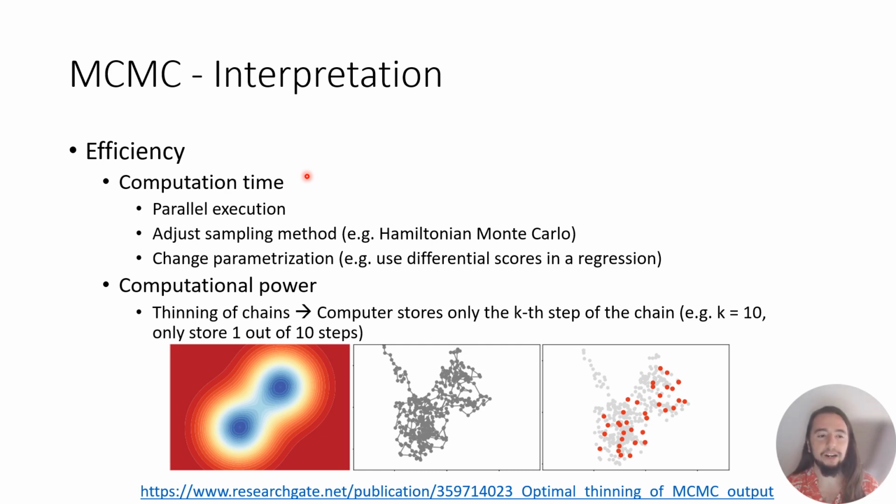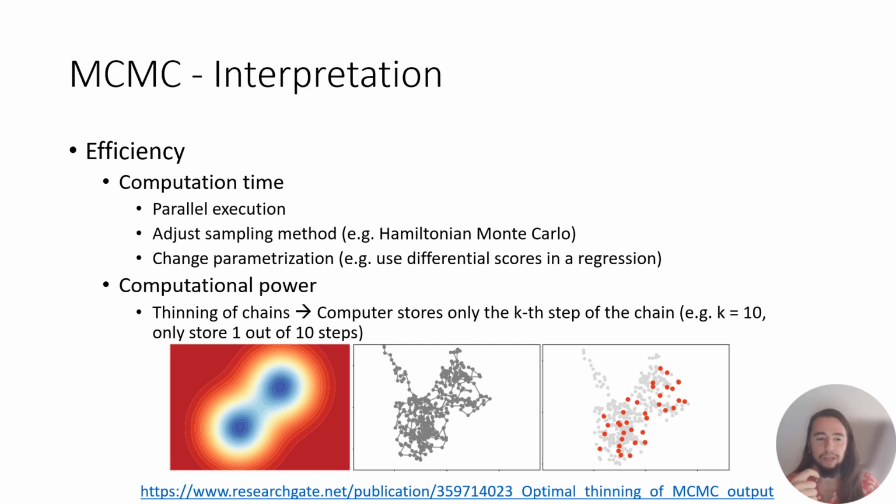One of them is parallel execution, and there are many methods in R and other software to do that. We can also change the sampling method, for example, Hamiltonian Monte Carlo, but there are also other alternatives if we need them. And we can also change the parameterization, for example, using differential scores instead of raw scores in a regression, if that's the case.